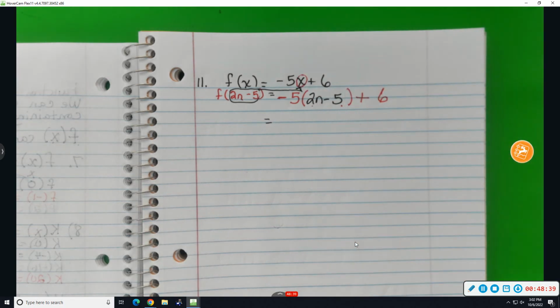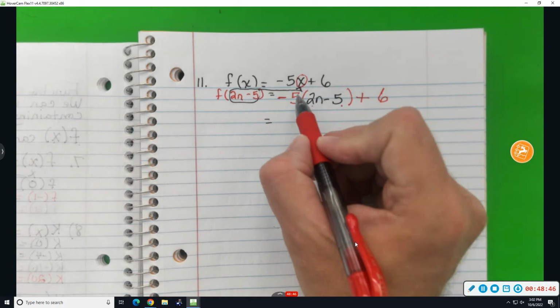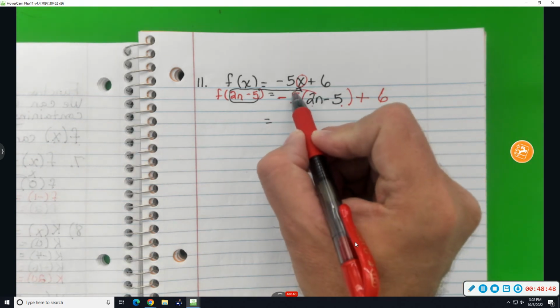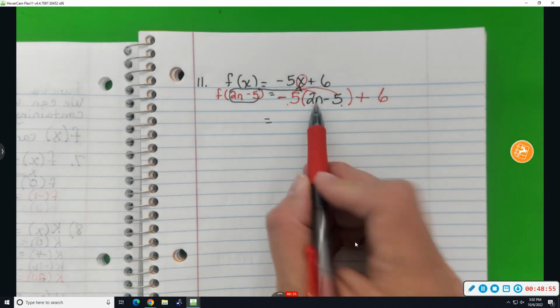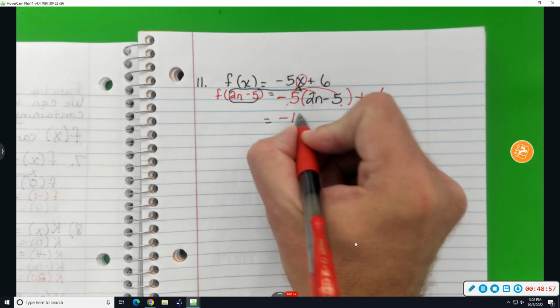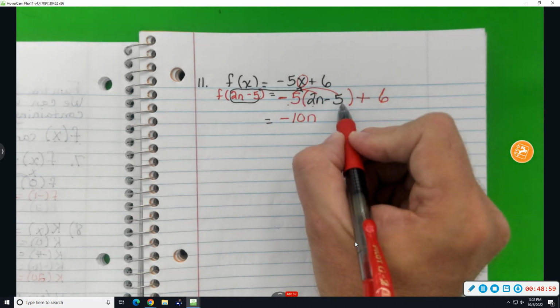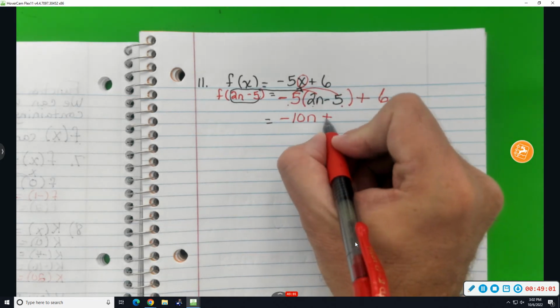Now there's some simplifying that we need to do here. What would y'all do to simplify this? Could we multiply or distribute the negative 5? So we'd have a negative 10n. Is that going to be a plus 25?